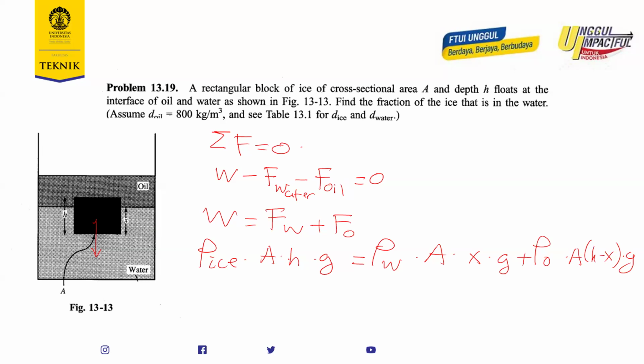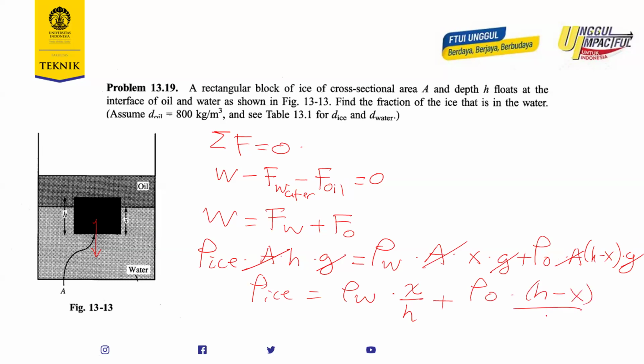So we can eliminate A and g, and we get that rho of ice equals rho of water times X divided by H, plus rho of oil times (H minus X) divided by H.